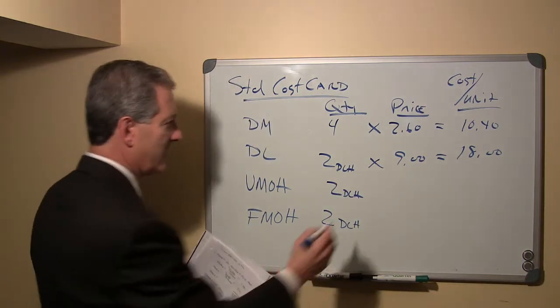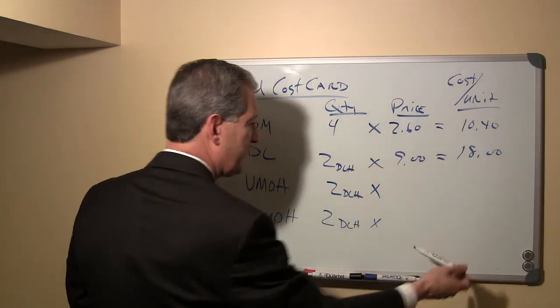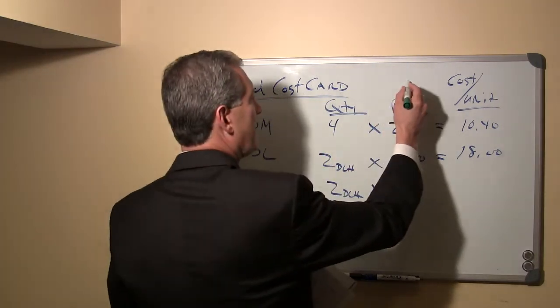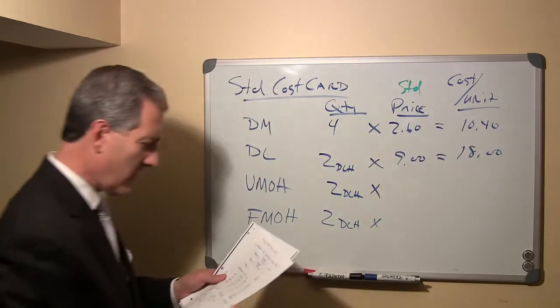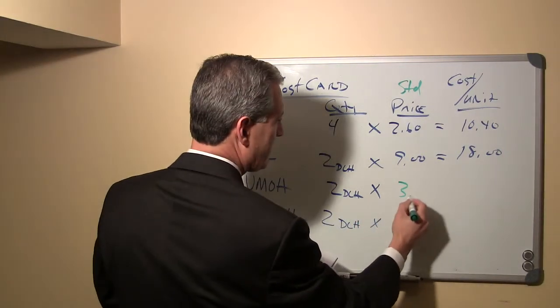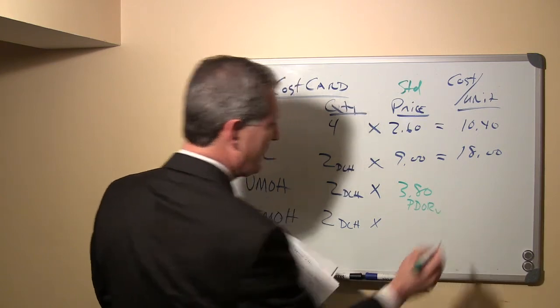for manufacturing overhead. And as I indicated a few minutes ago, the price, the standard price, this is standard obviously, standard price, standard quantity. We calculated the predetermined overhead rate for variable to be $3.80. That is the predetermined overhead rate for variable.